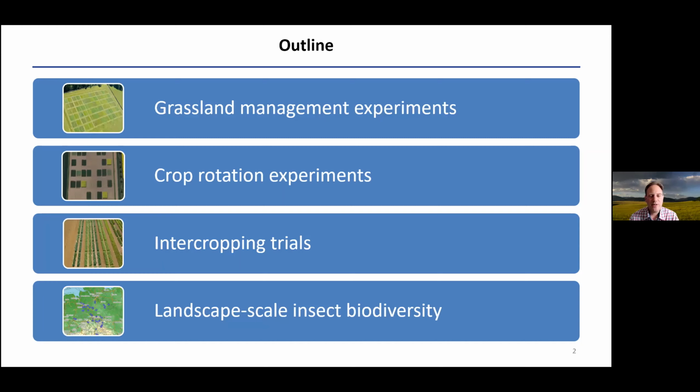Then a crop rotation experiment together with members of FINROP, the Institute of Sugar Beet Research in Göttingen, an intercropping trial in Münster, and then finally some new research we are doing in Lower Saxony. And I hope that this will give you a good overview of how insects can be assessed, how biodiversity can be assessed in farming systems overall, and how experiments can help to find out about drivers of biodiversity change.